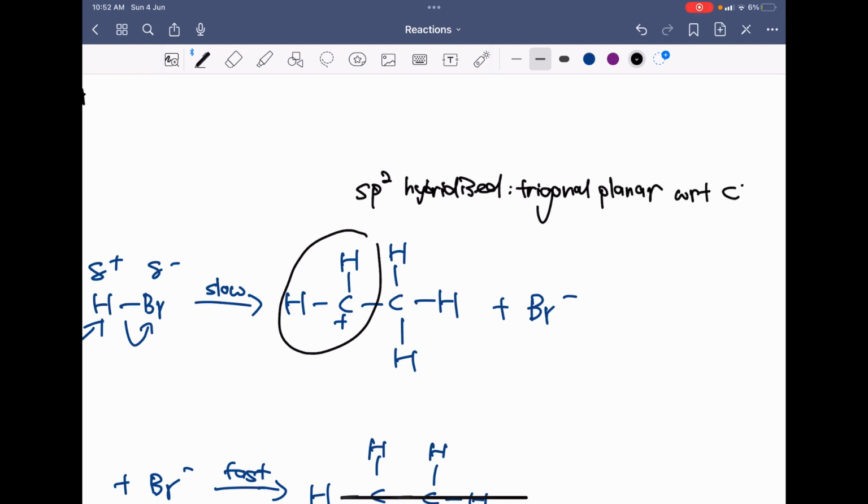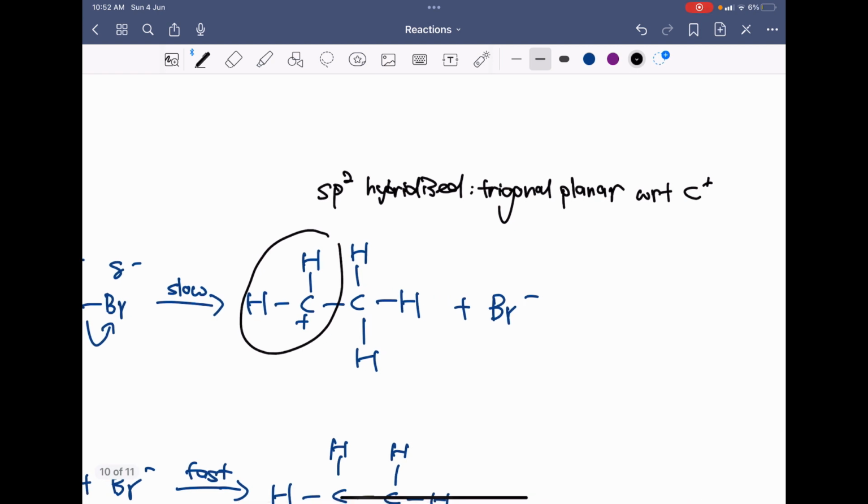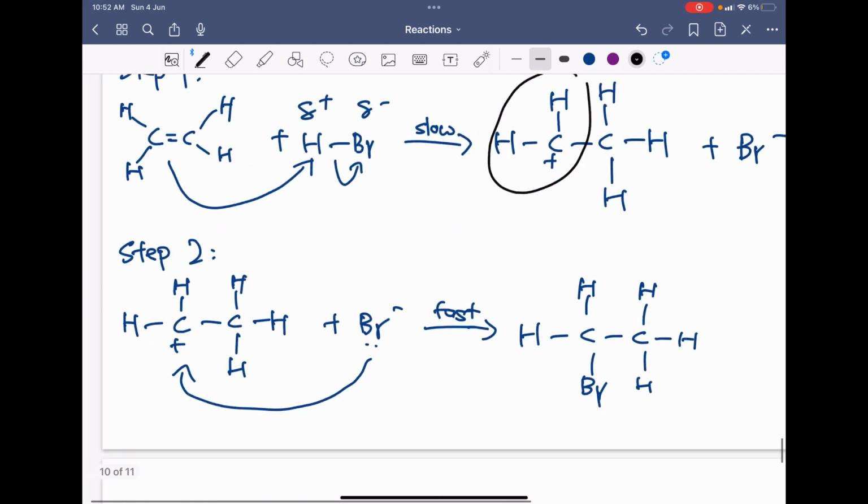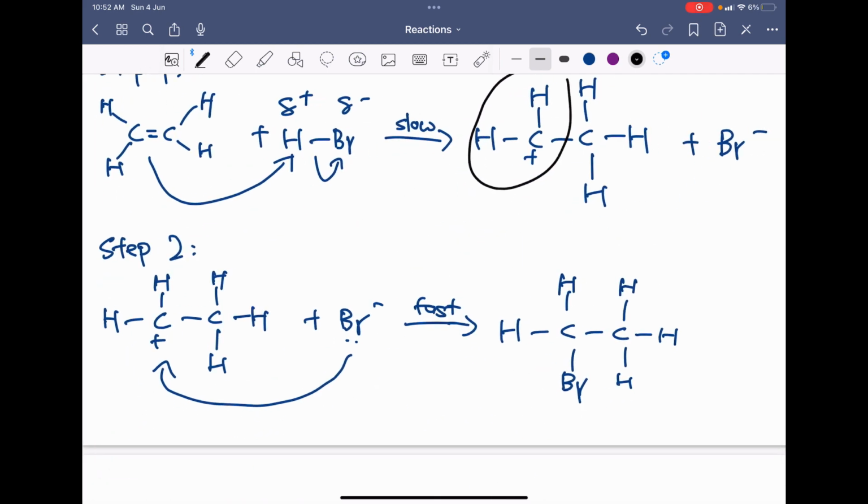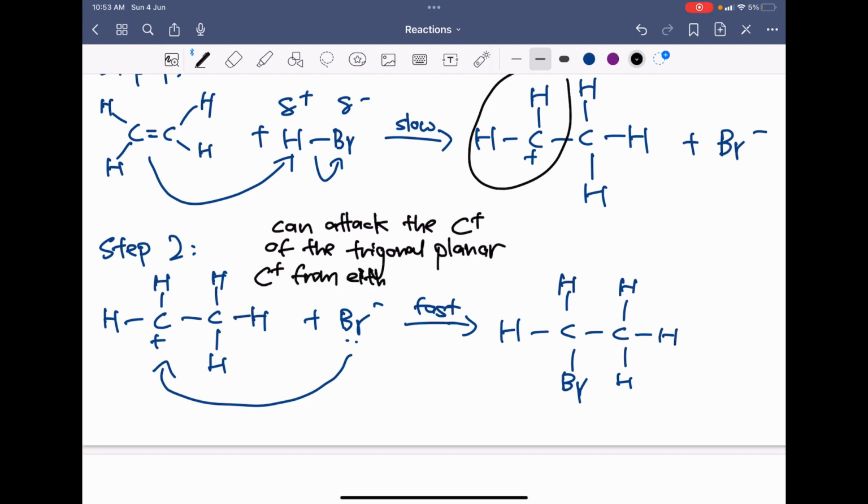This means that in the second step, the nucleophile, aka the bromide ion, can attack the carbocation intermediate of the trigonal planar carbocation from either side with equal probability.